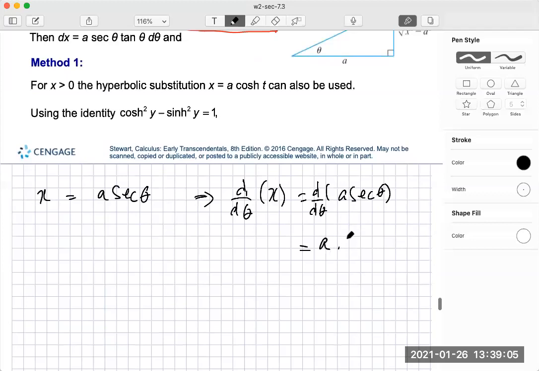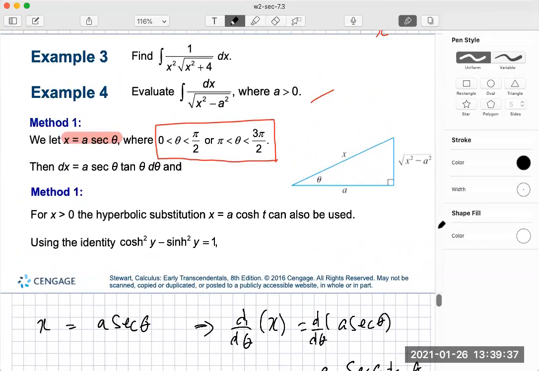So the derivative of secant will be secant theta tan theta, right? Very good. So now we know the relation between them. Okay, this is an indefinite integral, so we don't have to change the limits. Very good.